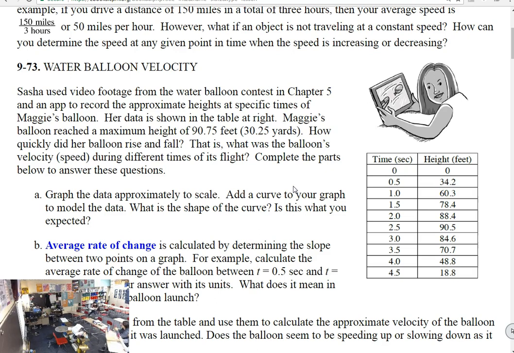Then when you go to graph it, you're going to need to change your window. I did it.